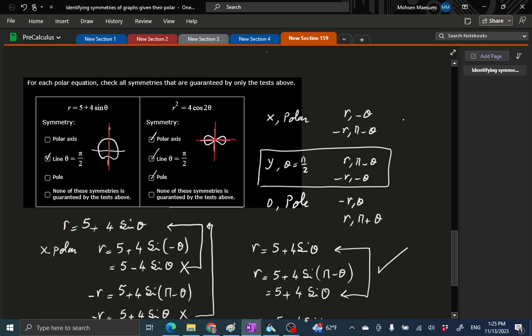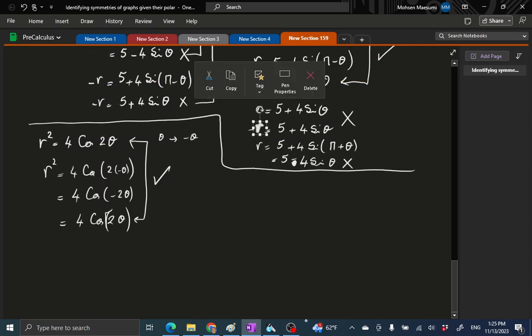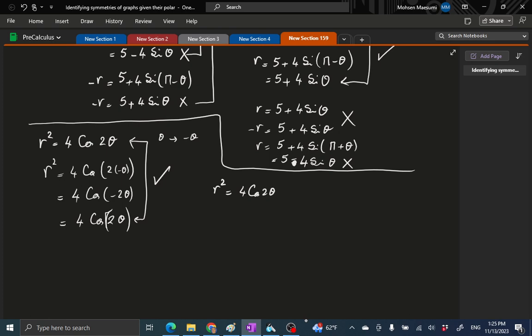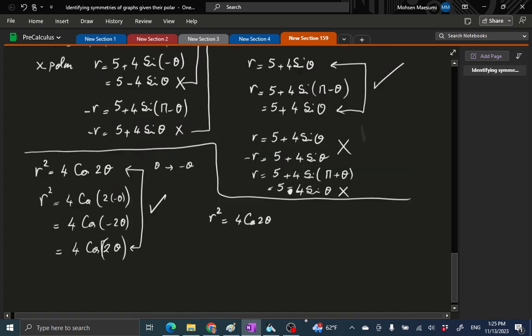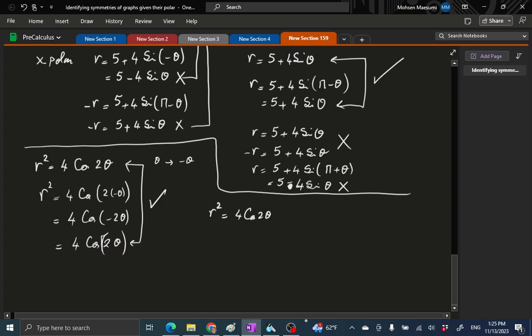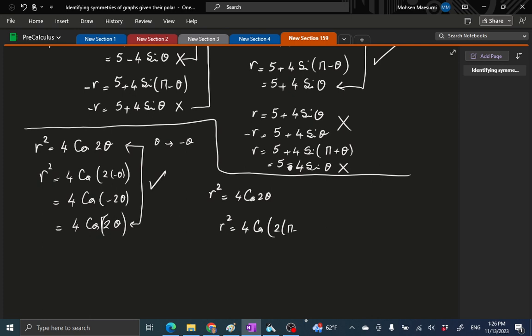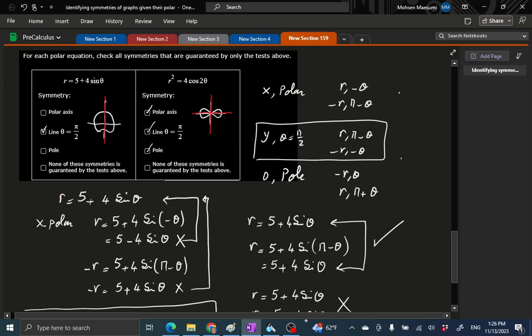How about with respect to the line pi over 2? Again, I start with the equation that I'm given. Then I change my theta to pi minus theta. So I write r squared is equal to 4 cosine of 2 times pi minus theta.